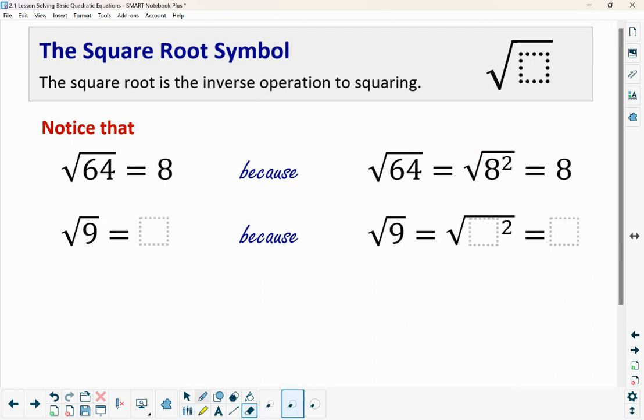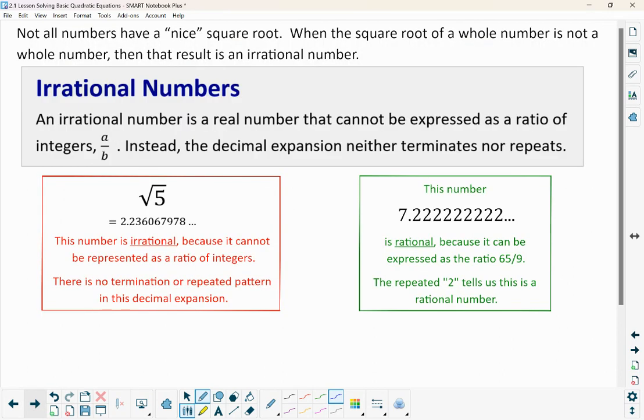And the reason that the square root of 9 is 3 is because the square root of 9 is the same as the square root of 3 squared. The root and the power of 2 undo each other, and so that leaves us with just 3. You may not have thought about square roots this way, but this is a good way of thinking about them.